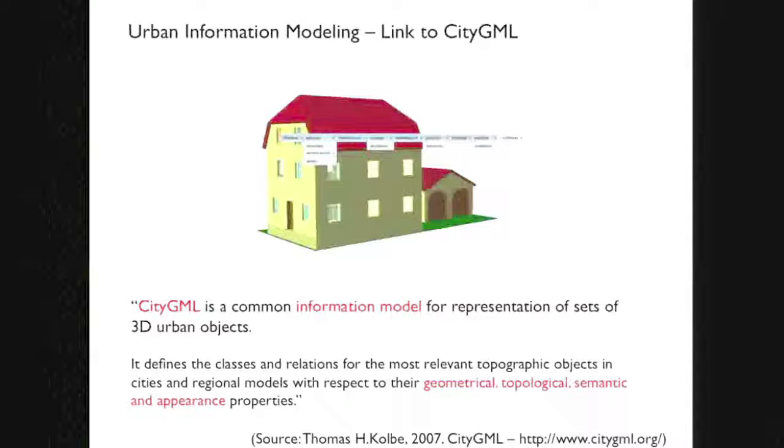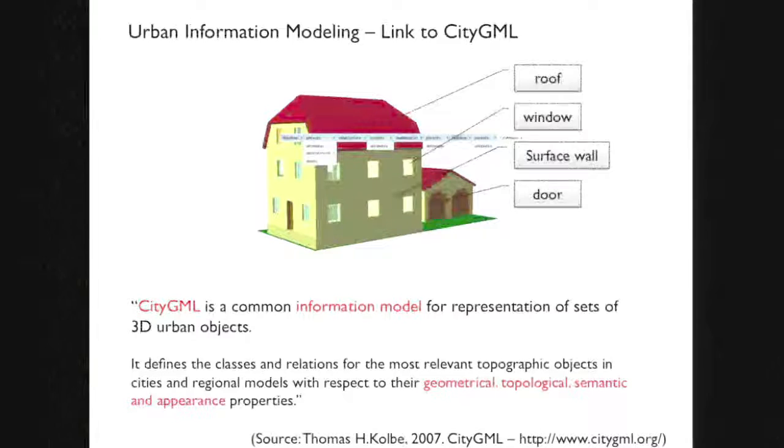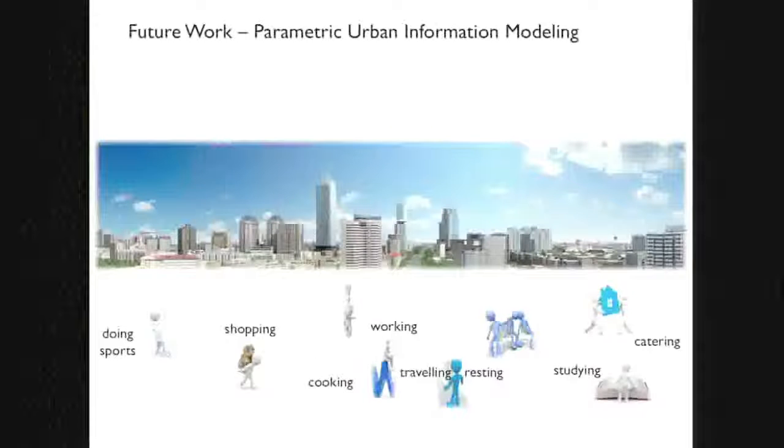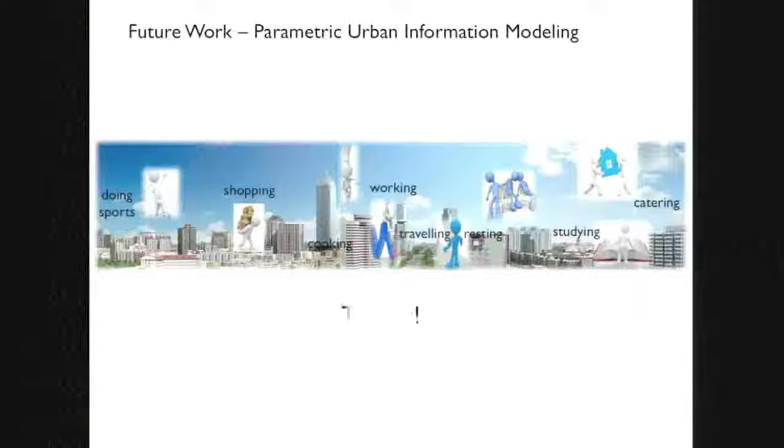With this, when we're dealing with 3D urban models, we not only see the geometric information and the function information, we can also see the environmental indicators, the environmental impacts raised by those buildings. And with this, we can model the parametric urban information with behaviors, functions, and structures. Thank you.